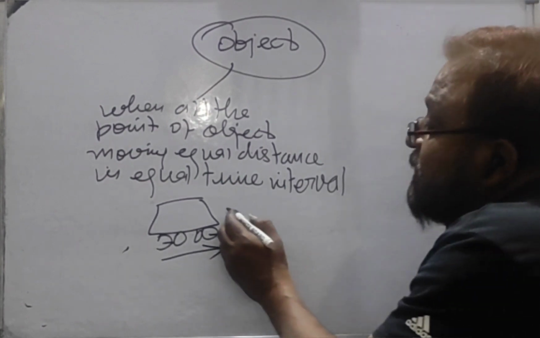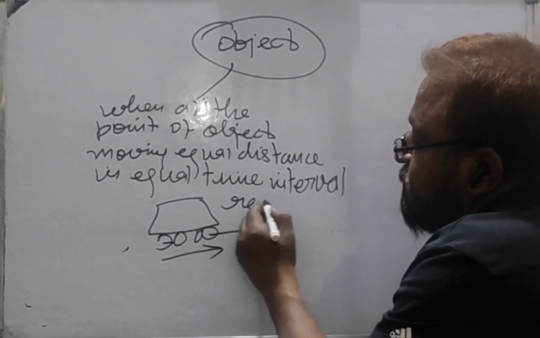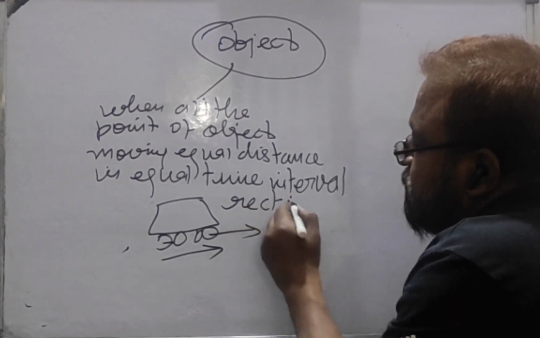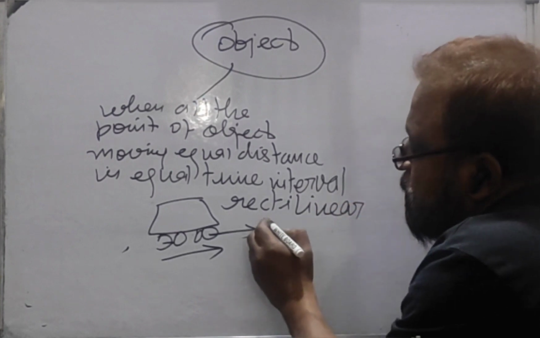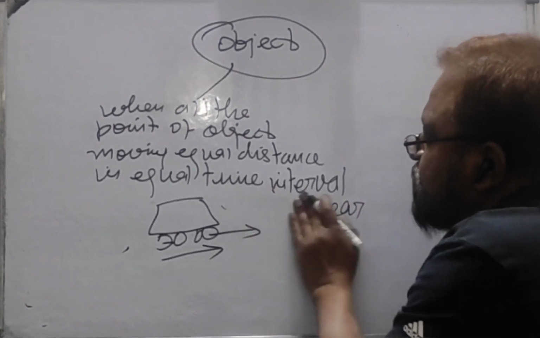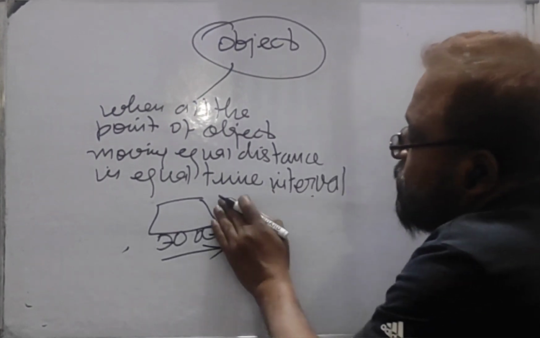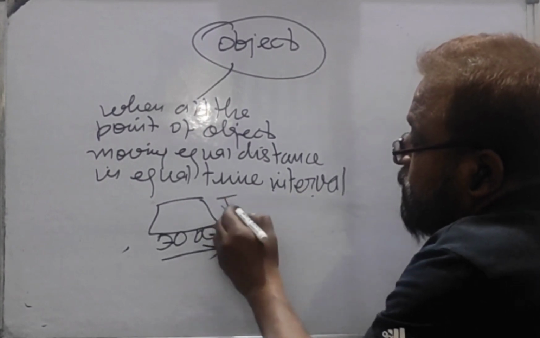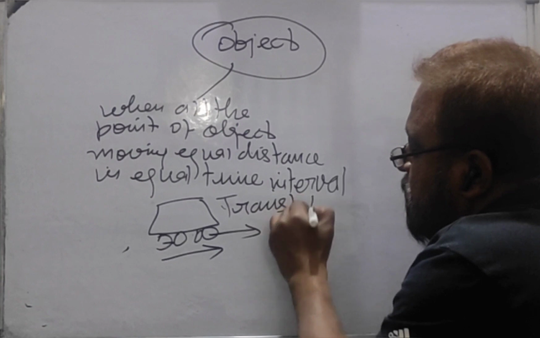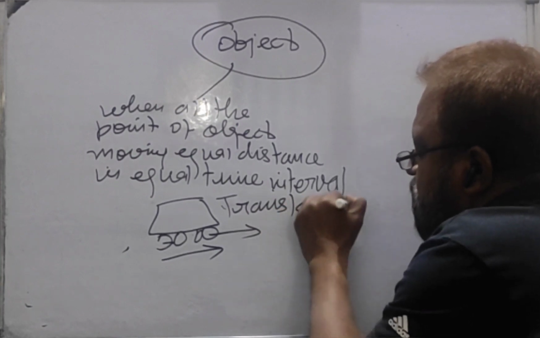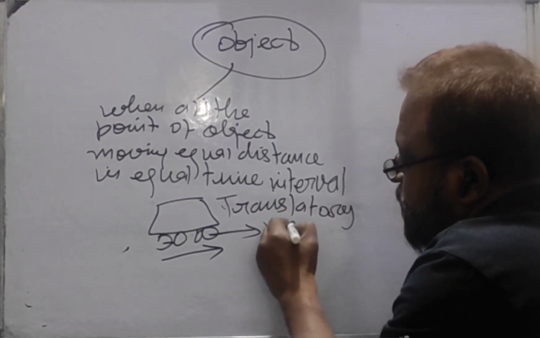इसको बोलते हैं रेक्टिलिनियर मोशन। Sorry, it is called translatory motion. ठीक है?